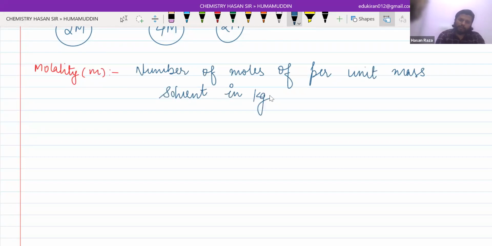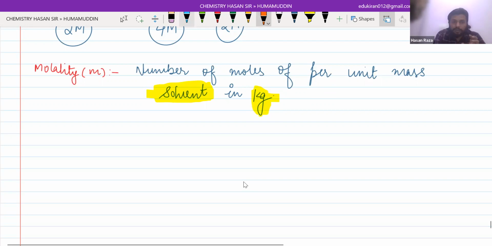This is the only concentration term in which in the denominator we have to write the value of solvent, and it should be in kg. In every other concentration term the denominator is always solution, but here we write the mass of the solvent in kg.